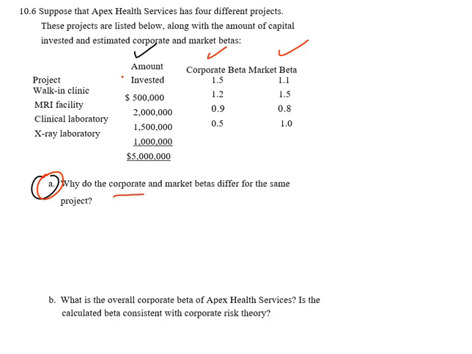Why do the corporate and market betas differ for the same project? You don't have to do any math here. This is really asking you about the nature of the beta measurement. And I'll give you a hint here.